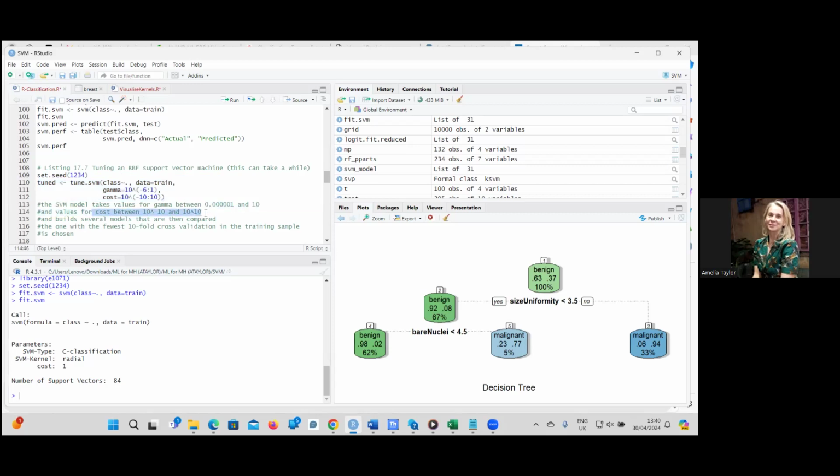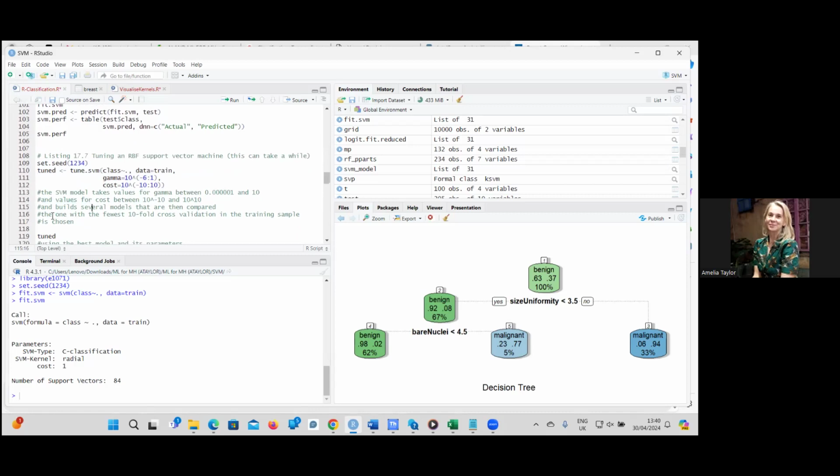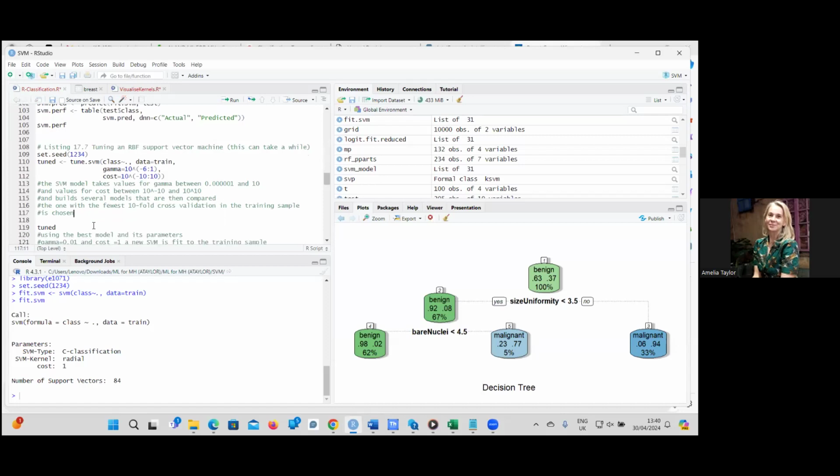The algorithm will create lots of support vectors as it ranges through these values for gamma and the cost, and several models are being created. Out of these models, the one with the lowest 10-fold cross-validation error in the training sample is chosen. So that's the idea. So let's run tuned.